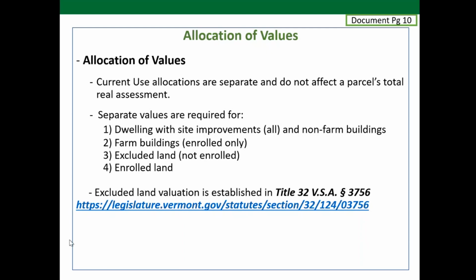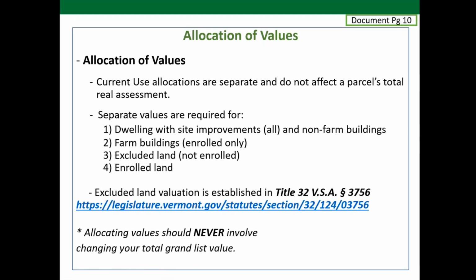Right. And again, allocating these values should absolutely never involve changing your total grand list value. So if you happen to be in your CAMA program working through some of these calculations or creating the calculators that are available to you, if you notice that changes the overall value of the parcel, you have done something wrong and you need to go back and fix it.